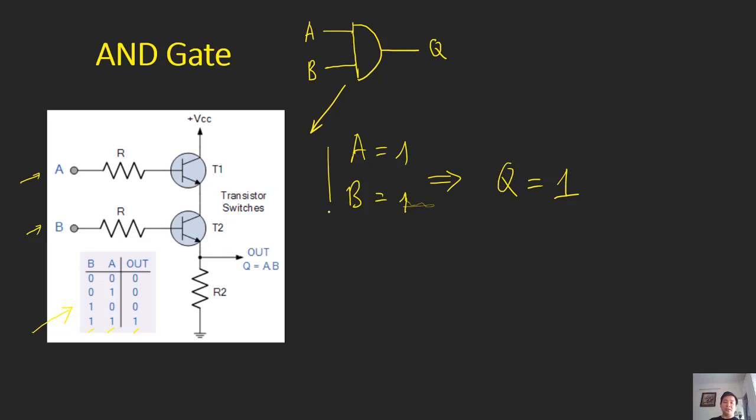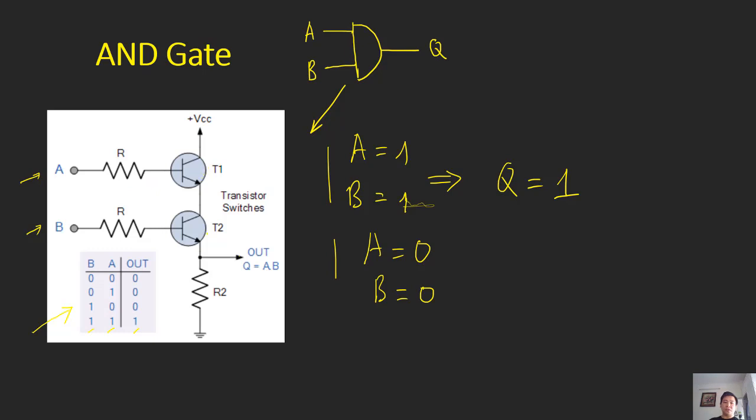And we can consider another case, for example, A equals 0 or B equals 0. If A equals 0, meaning the voltage at A is low, then transistor T1 is closed, or cut off.